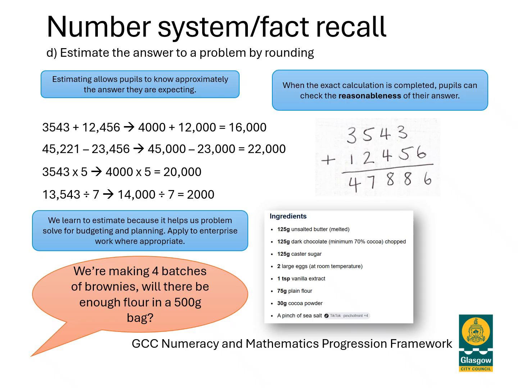One example there, if we're going to be making multiple batches of a recipe, we need to have a look at what the totals will be and whether we can buy particular items from the supermarket or whether we're going to need multiple of those items or a bigger unit. Okay, so if we were using that brownie recipe and we know we've got to make 4 batches of it, we could quite quickly estimate whether we're going to have enough of each ingredient.